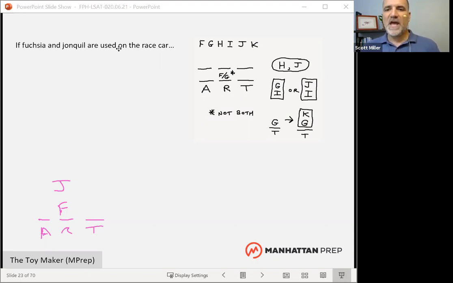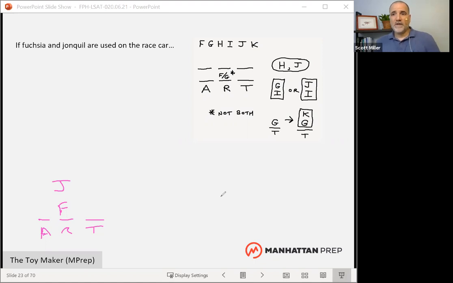So if F and J are with the race car, now I'm going to look back at my original diagram and say, okay, what else is triggered by F and J being with the race car? Are there any rules that are triggered by that?